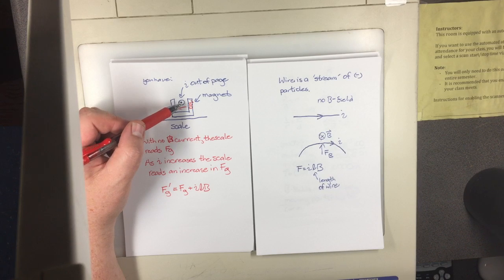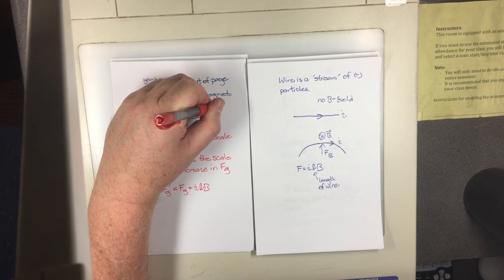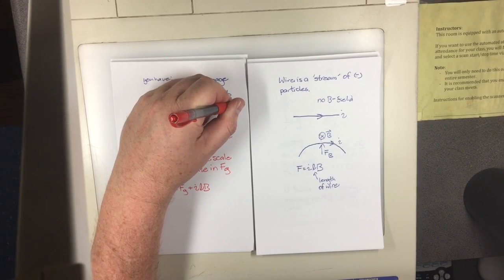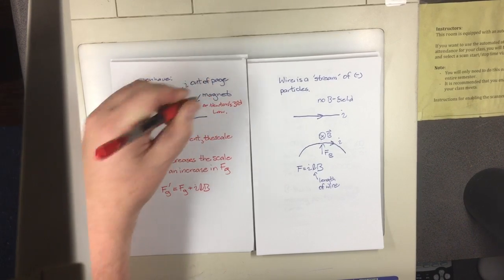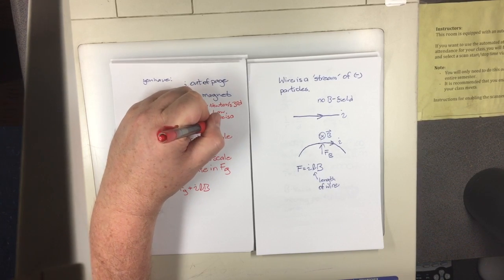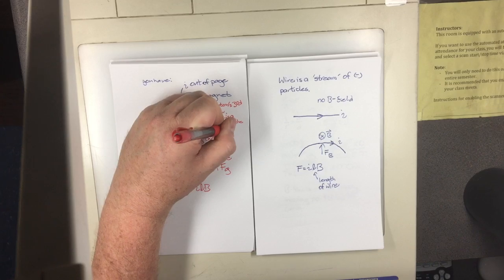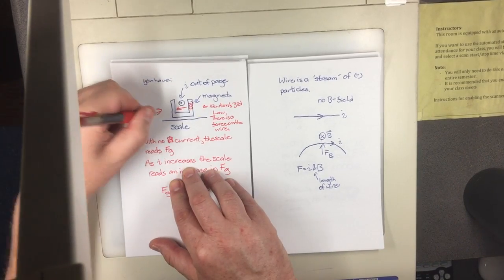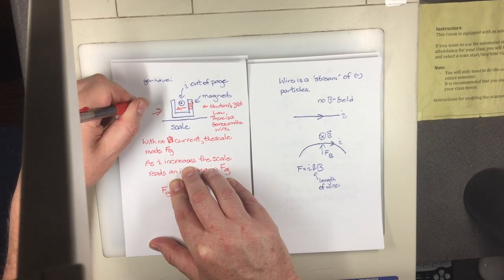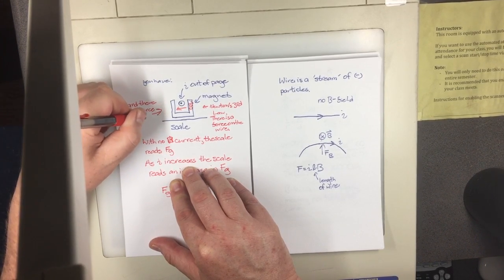Now this wire is attached to a fixed mount, and when you turn on that wire, Newton's third law kicks in. There is a force on the wire and there is a force on the magnet.